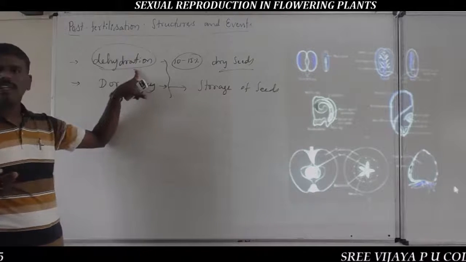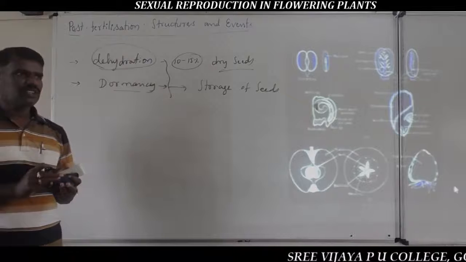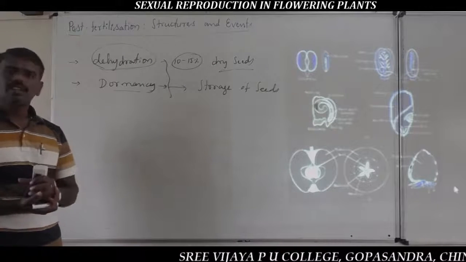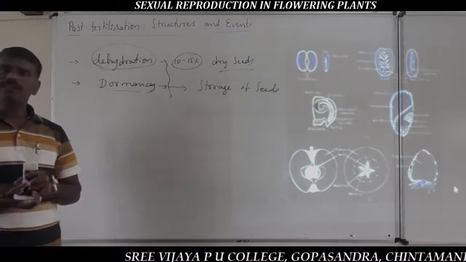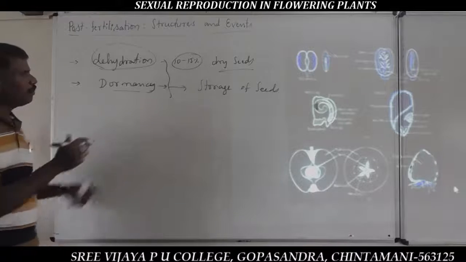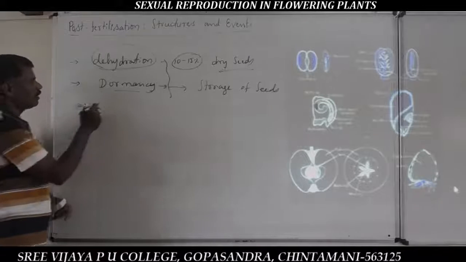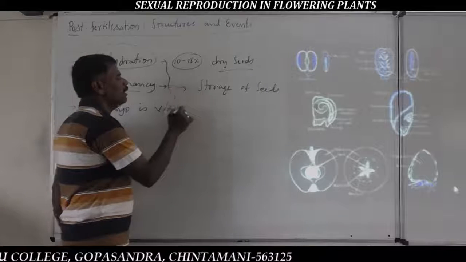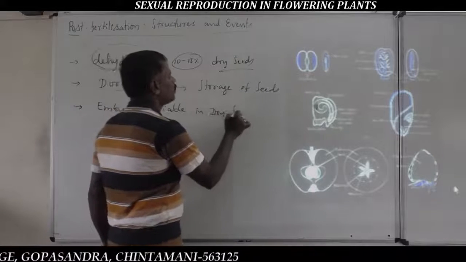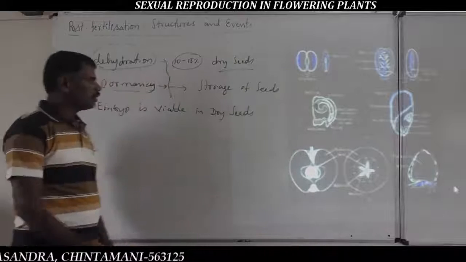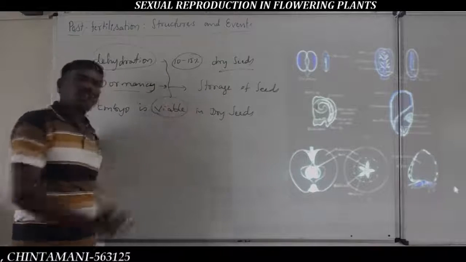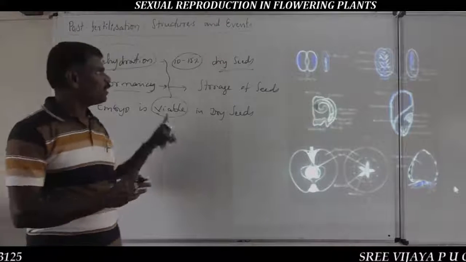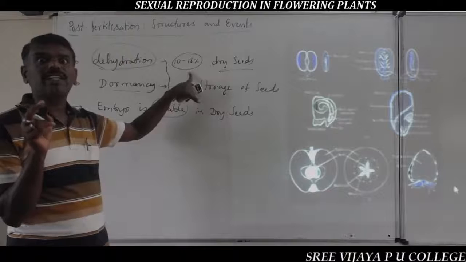If dehydration occurs, such seeds are viable for a longer duration, because even in dry seeds the embryo is viable. The viability of the seed depends upon the viable nature of the embryo, and upon the moisture content present in the seed.